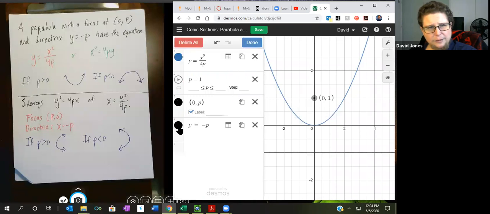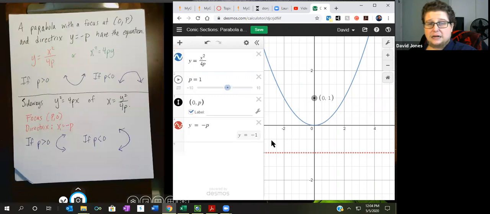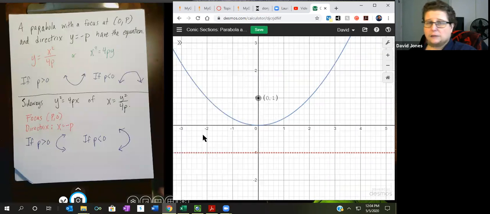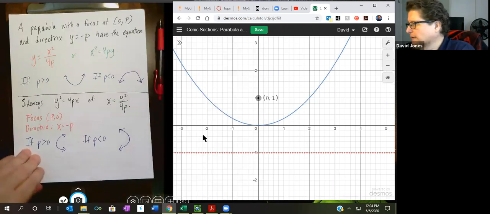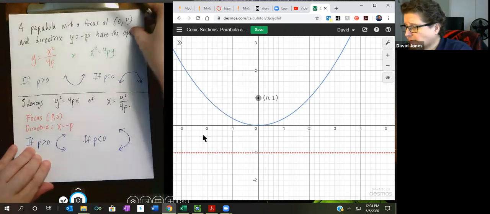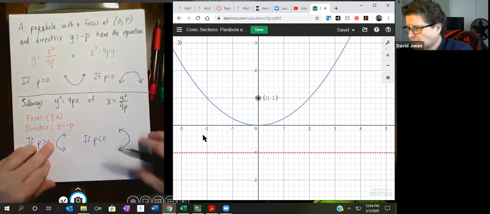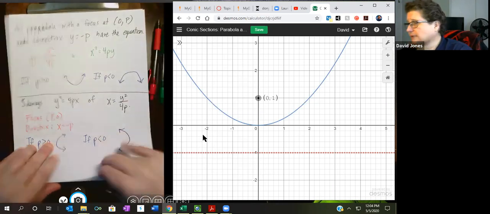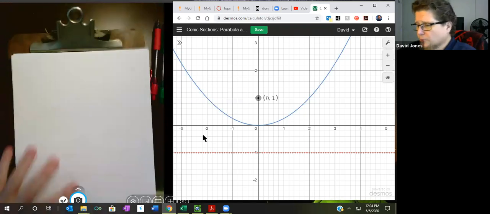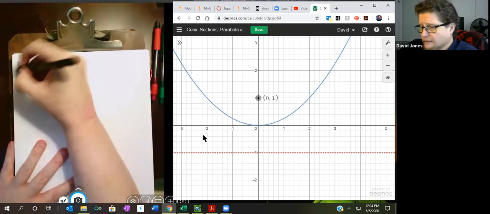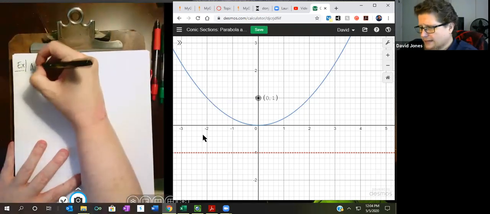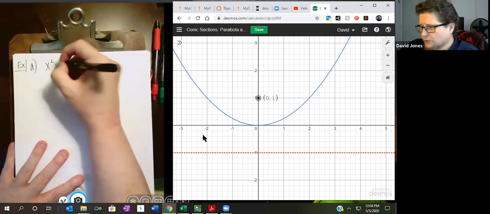I think that one's a little bit better to have as a dotted line. Okay, so let's explore this a little bit. Let's practice working with these. So first example, A, we've got x squared equals negative 4y.